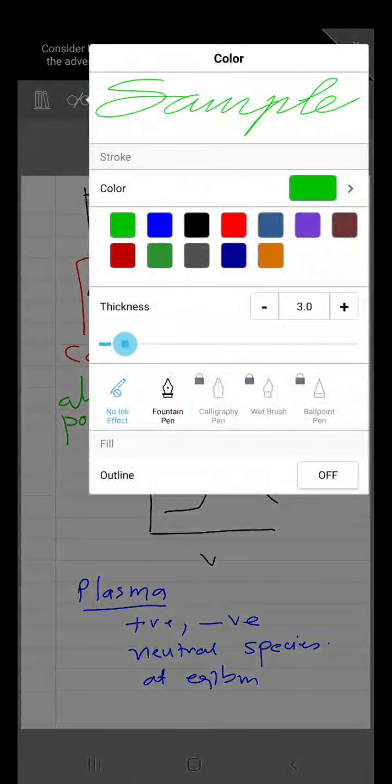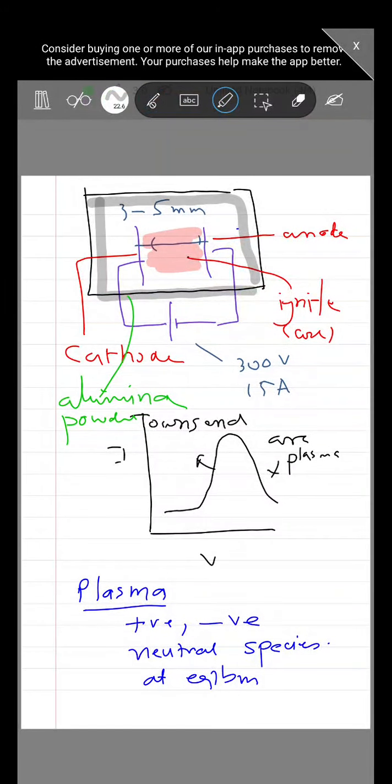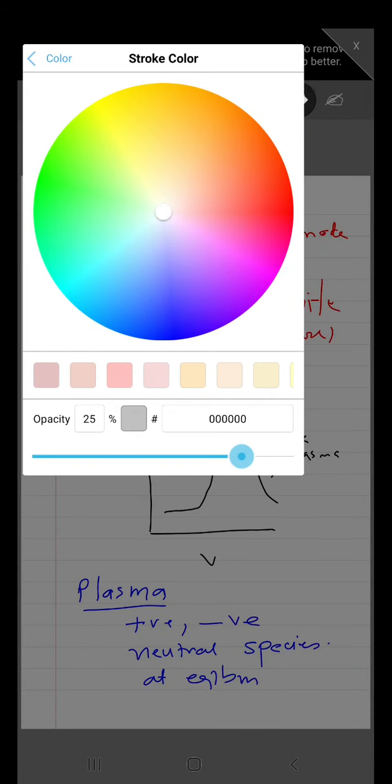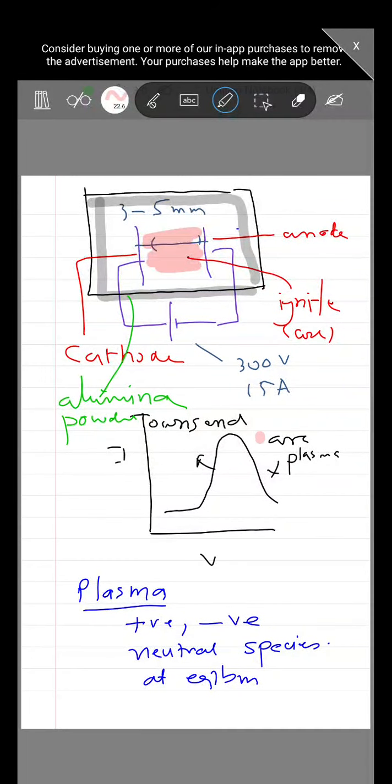You can mention the arc here. So this is where the arc deposition is taking place.